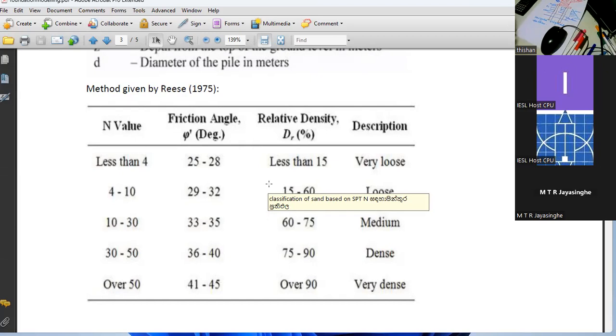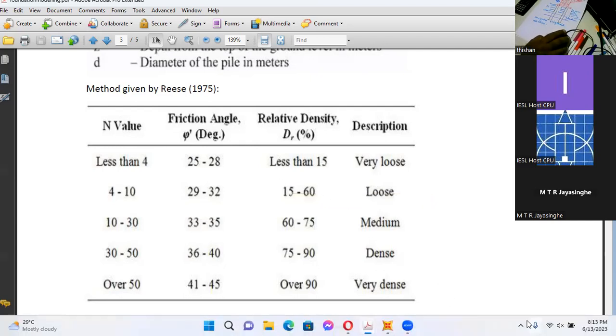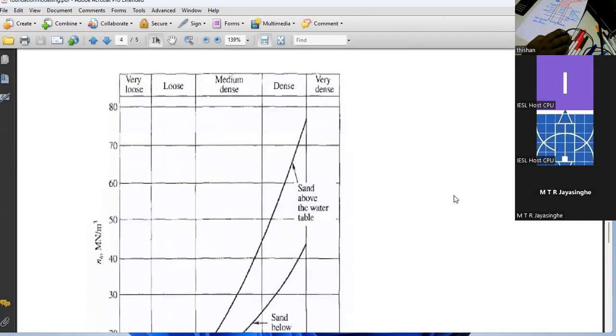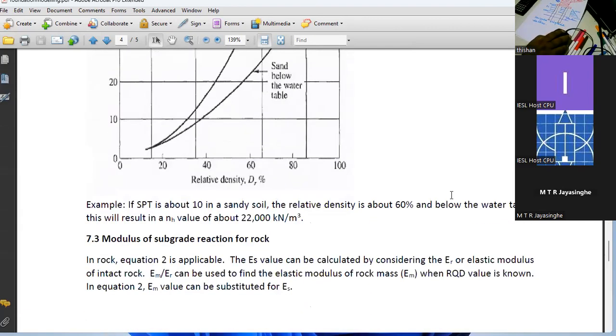Also for laterite soil, you will always look at whether the water table is high or low. If it is high, you will consider it as a clay soil. If it is low, you will consider it as a sandy soil. So I think we have covered a reasonable ground on that.